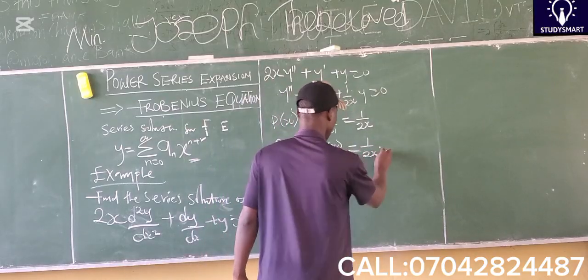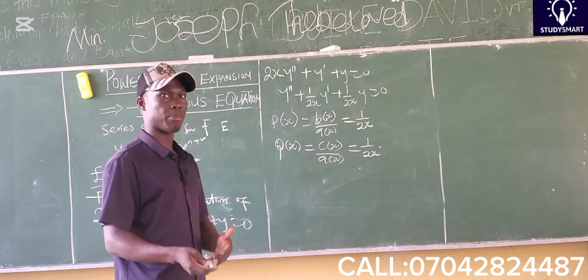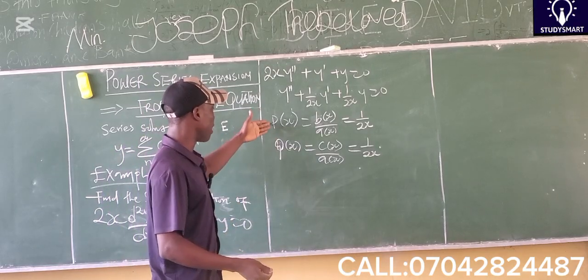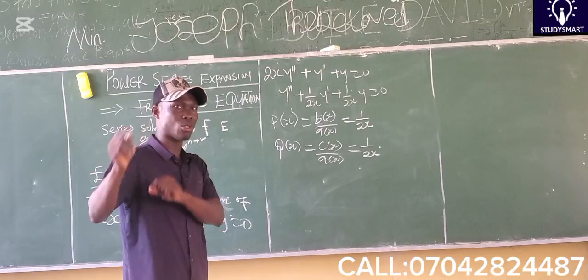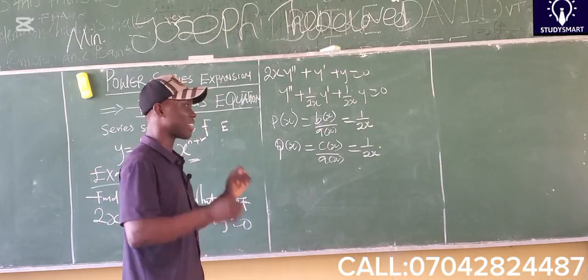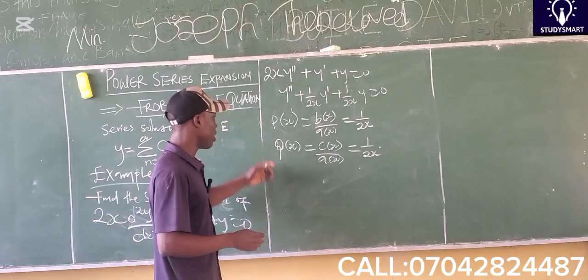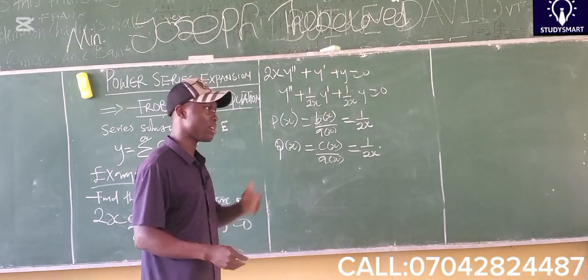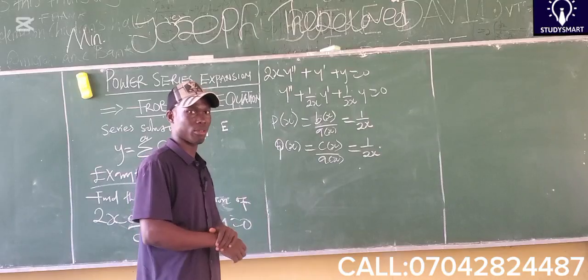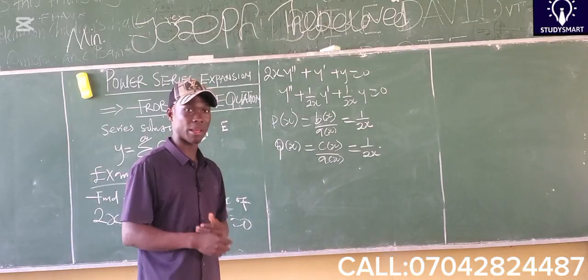I told you that a point is said to be an ordinary point if p of x and q of x give you a finite solution when x is substituted equal to 0. Note that x must be substituted equal to 0. So at x equal to 0, if p of x and q of x give you a finite number like 1, 0, minus 1, and all the rest of the values, it becomes an ordinary point.